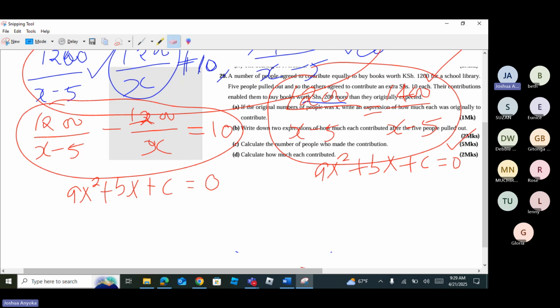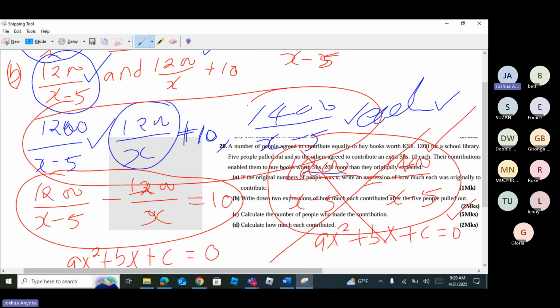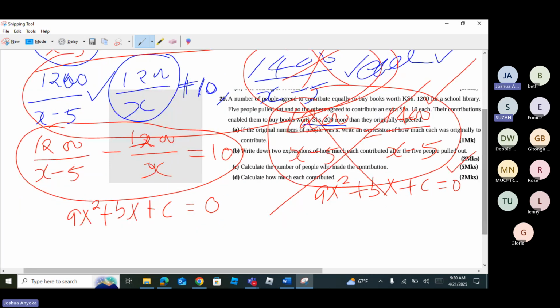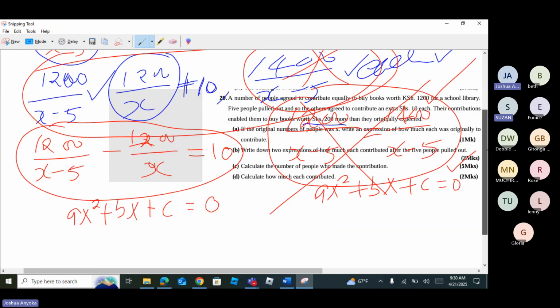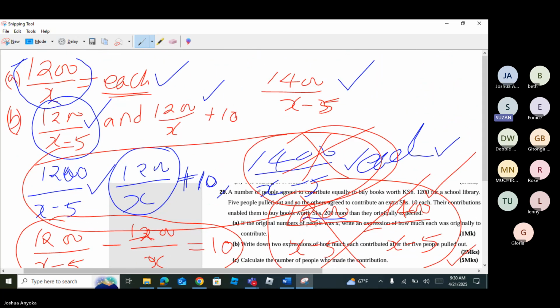This one is not working. 1400 ifanye kazi. We have two expressions only. So we can run with this one. Sure. Yes. Maybe hiyo ya 1400 inafaa kuwa 1400 over x minus 5. 1200 over x is equal to 10.